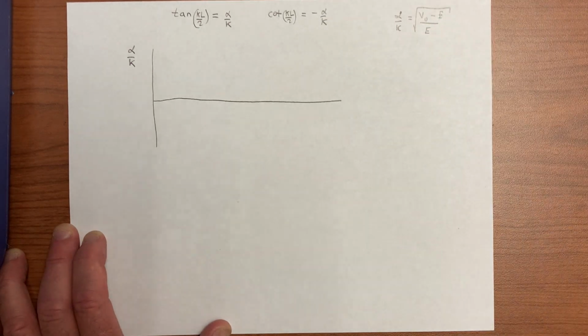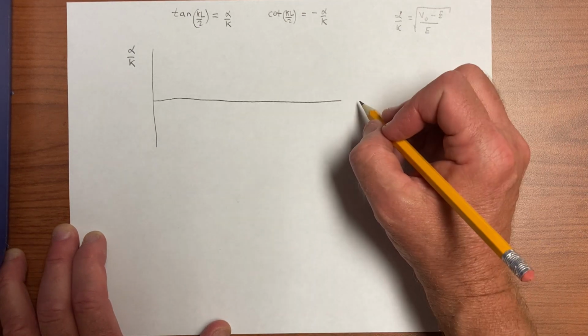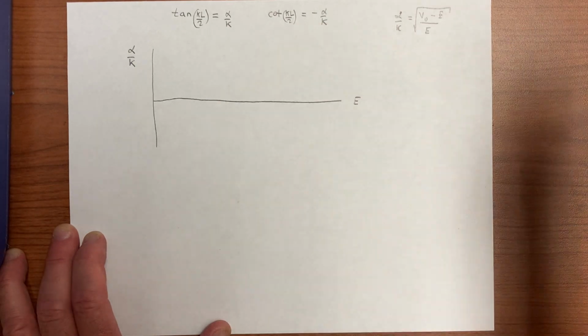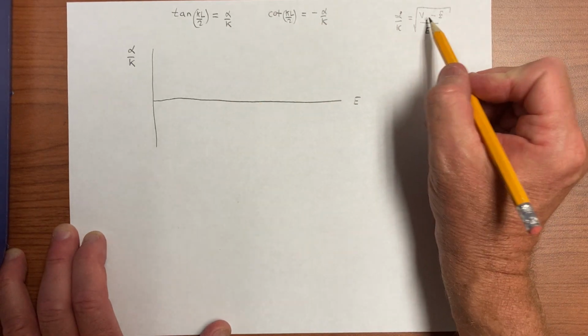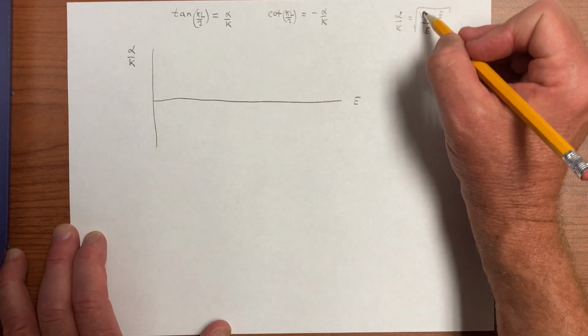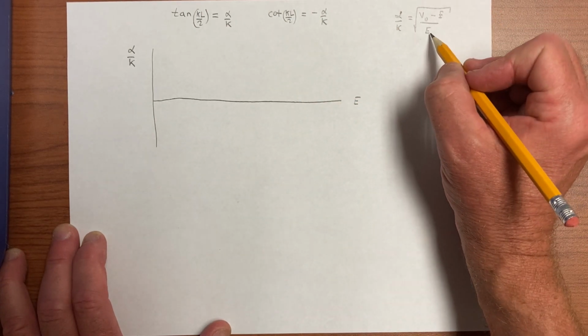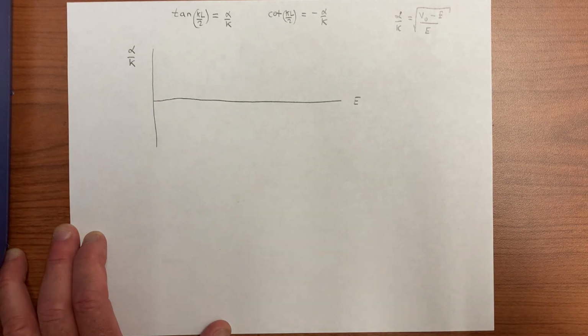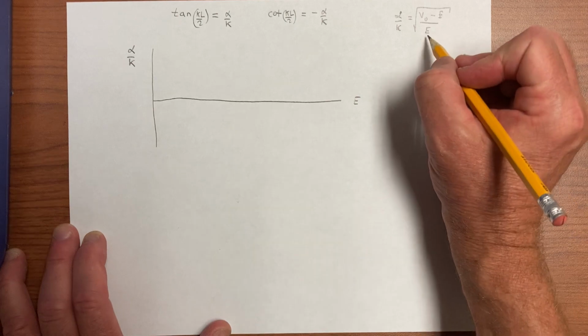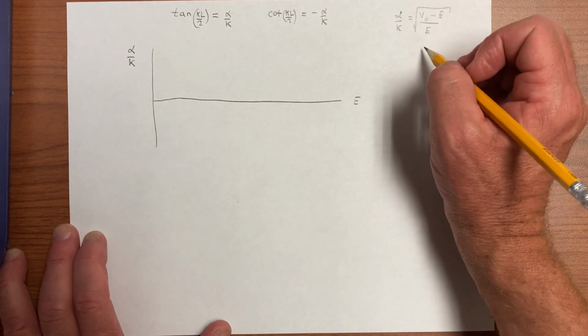And if we think of this as a function of energy, we have some value of V naught, and as we subtract the energy, which is increasing, this gets smaller. But let's think about what this is for small values. As E goes to 0, we're dividing by 0, so this goes to infinity.